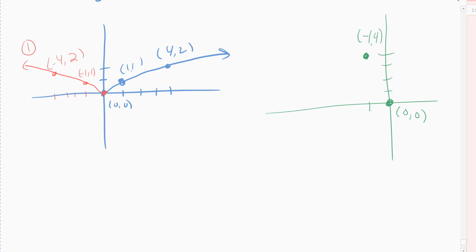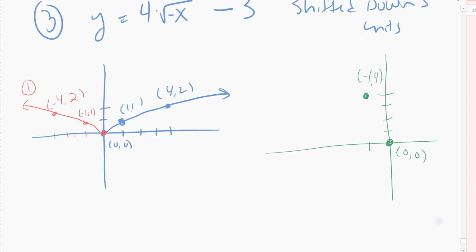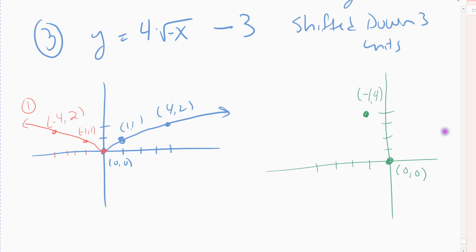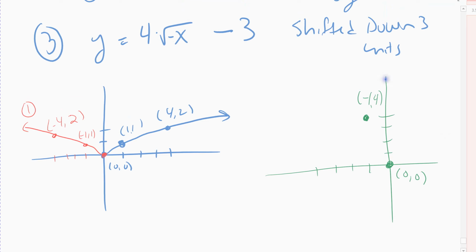It's been pulled up by 4 units. I don't know if I gave myself enough room to do the next stretch. It will be up at 8, right? Because my negative 4 is still negative 4, but then I've got to multiply 2, so it's going to be up at 8. So I need to move this up. 1, 2, 3, 4, 5, 6, 7, 8. So now it's up here at negative 4, 8. And so it's been stretched. It's still a curve, but it's been pulled up, vertically stretched.